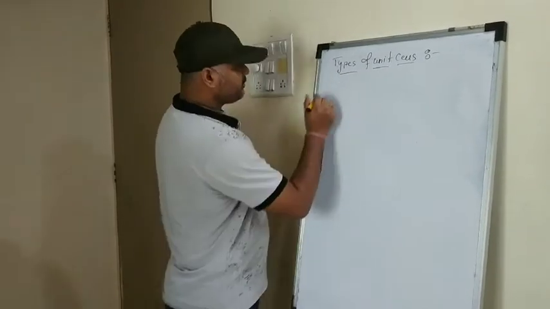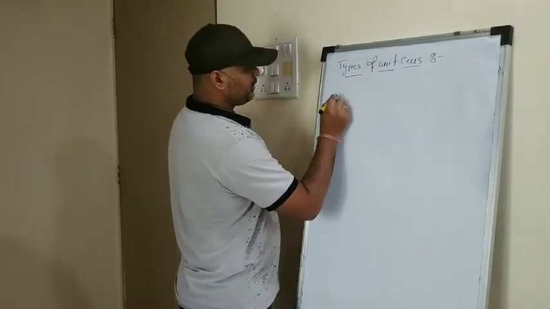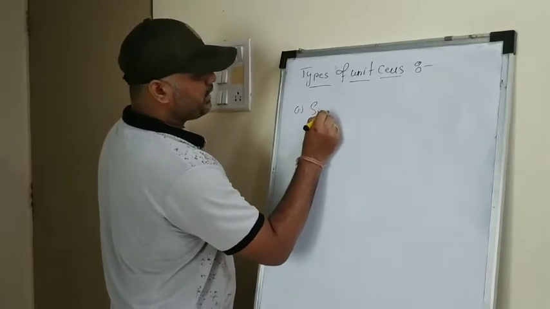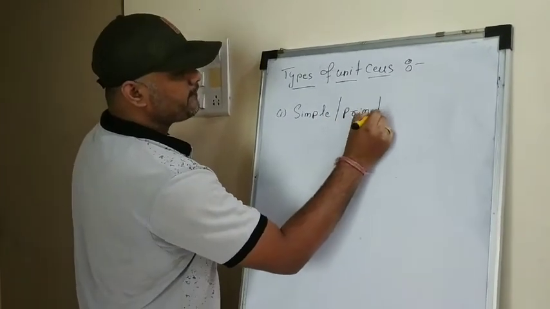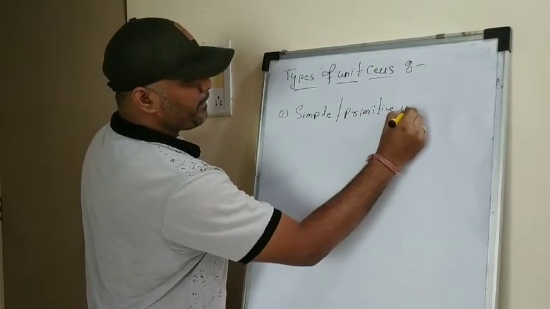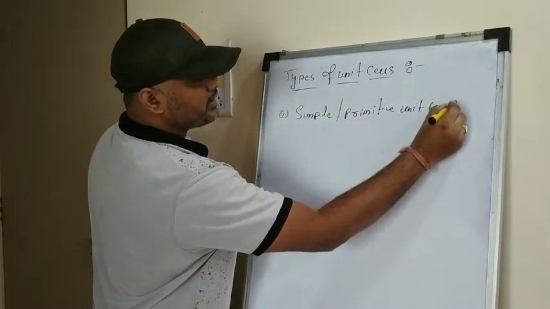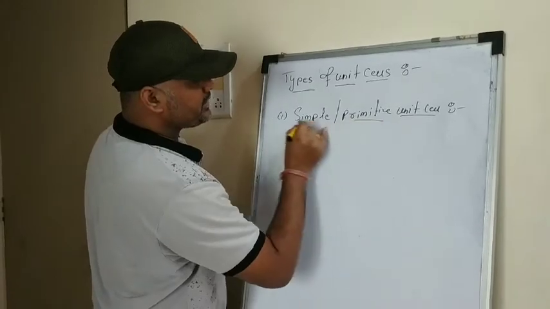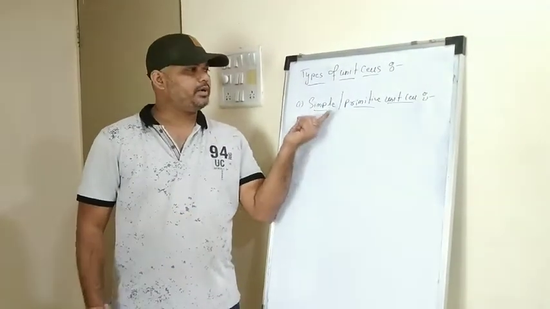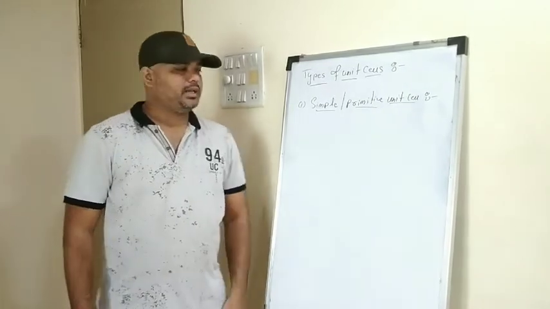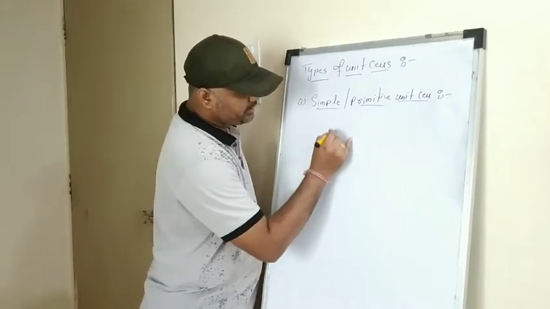Number 1, simple or primitive unit cell. Now the word itself tells you that it is a very basic unit cell or a primitive unit cell. Now how can we draw this simple unit cell?